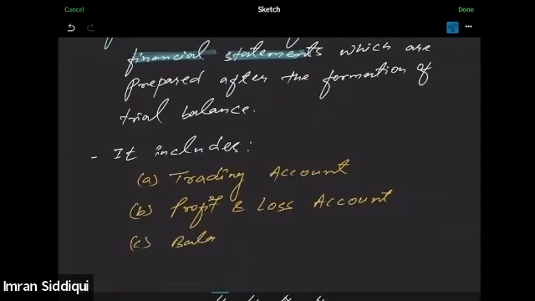All these three statements are collectively called the final accounts of the company.